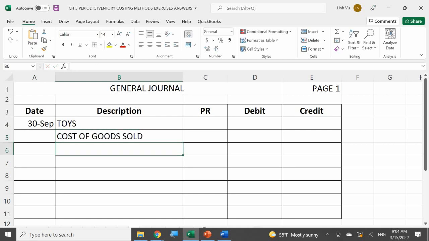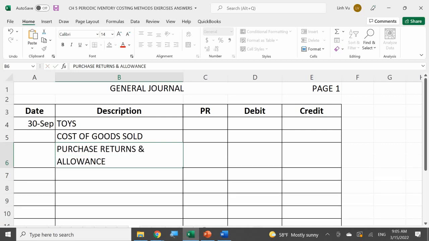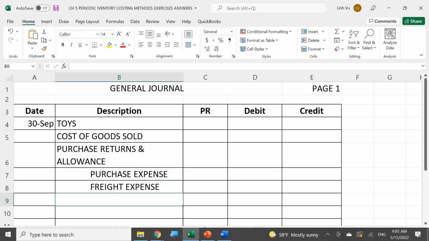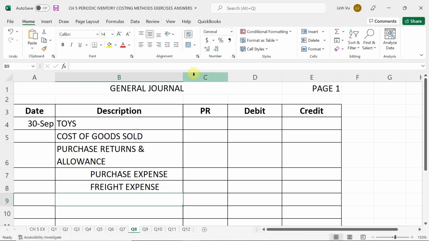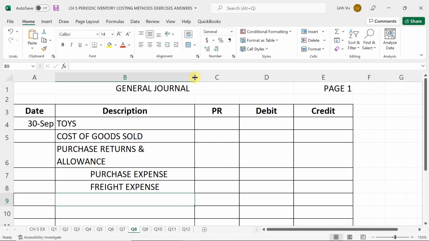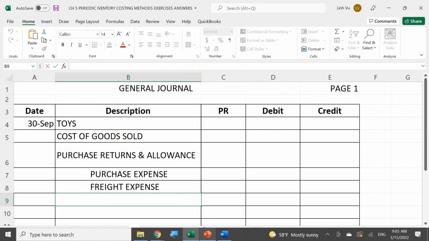What else? What else? Purchase expense and freight expense, and anything else? Yes, right. We need to put our beginning inventory because we dealt with a beginning inventory. So that is something that you need to recognize here.